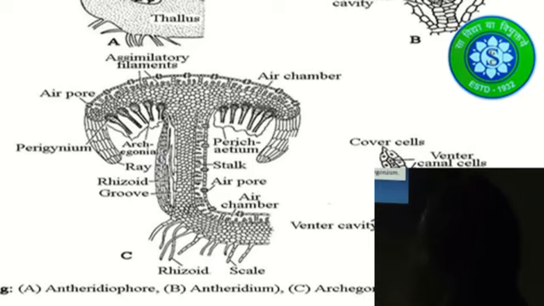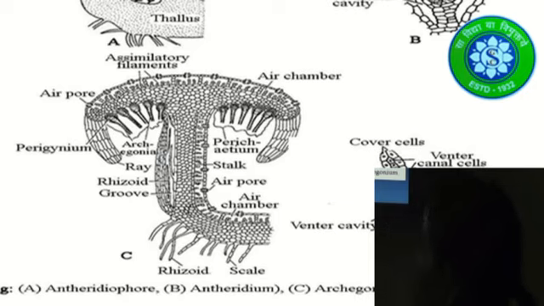The apical portion of the upper epidermis is sometimes interrupted by several air chambers and air pores. Below that, there are some assimilatory filaments, and from that portion some 10 to 12 flask-shaped archegonia originate, with a covering jacket which is known as the perichaetium.